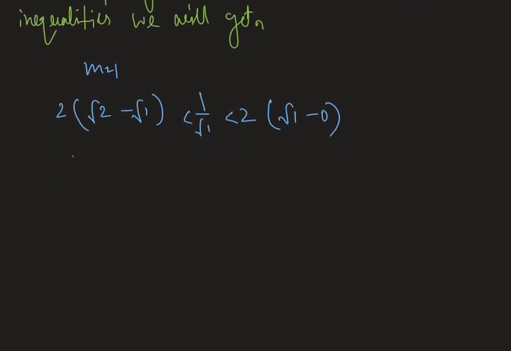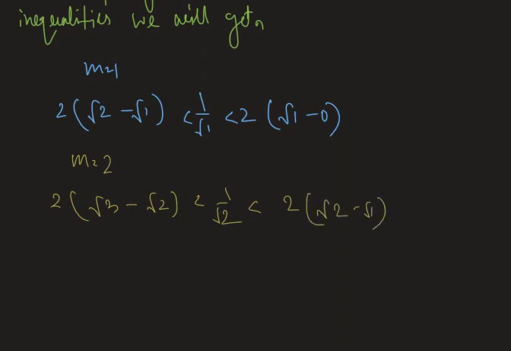Now for m equals 2, we have root over 3 minus root over 2 less than 1 by root over 2, which is less than 2 into root over 2 minus root over 1.